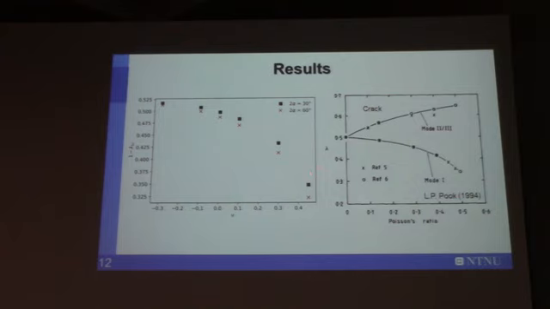Here we can see the work of Cook in 1994, and for mode 1 it is starting from a Poisson's ratio of 0. So qualitatively it's the same behavior, while for negative Poisson's ratio there's something different. But this was done for two V-notch opening angles, while this was for a crack.